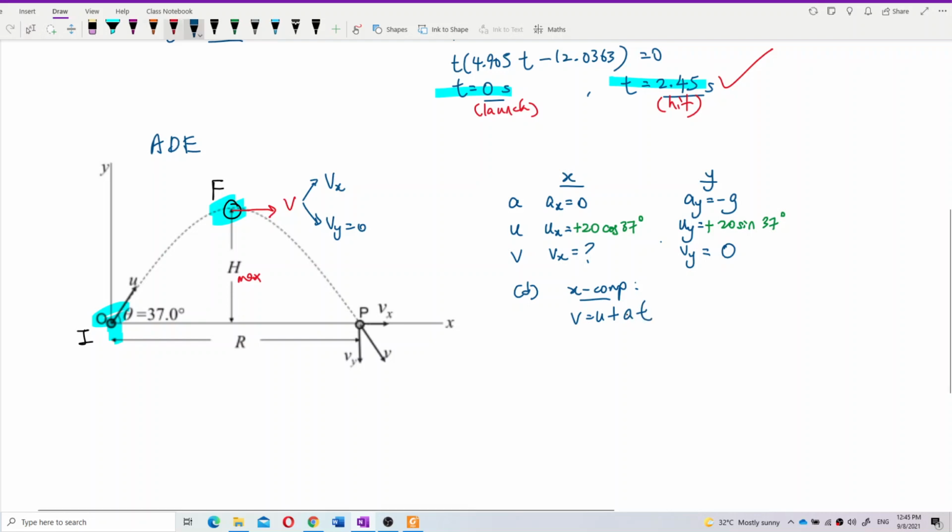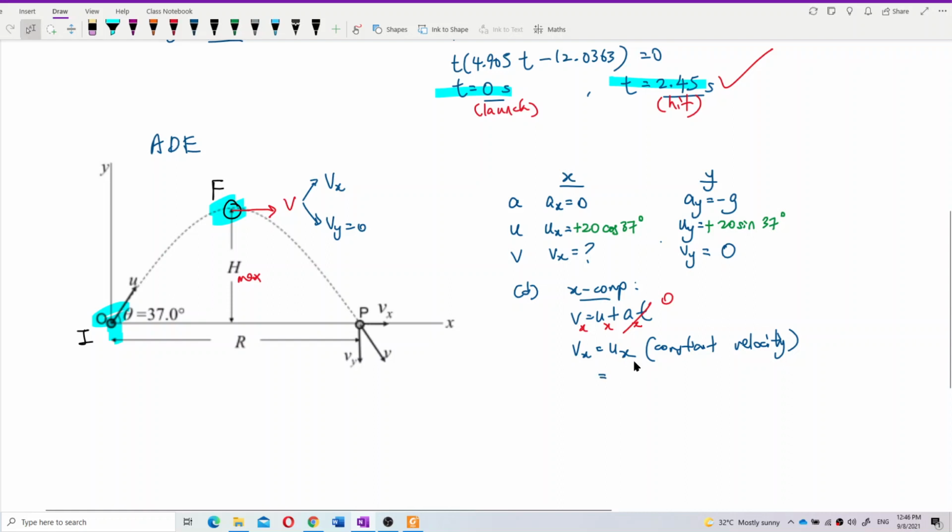You see, this is all x component. But because Ax is 0, Vx equals Ux, because the x component is always constant velocity. So Vx, the final velocity, equals the initial velocity in the x component.